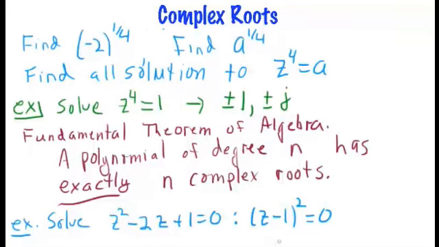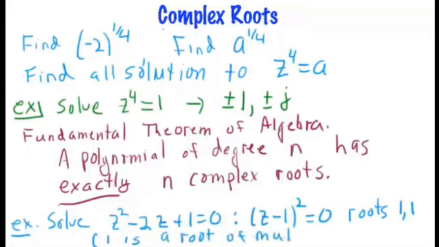But because there's 2 factors z minus 1, we say there are 2 roots and they're repeated. So the roots are both 1, 1 and 1. That's 2 roots. Often we'll say 1 is a root of multiplicity 2. So we'll use that term multiplicity for repeated roots.